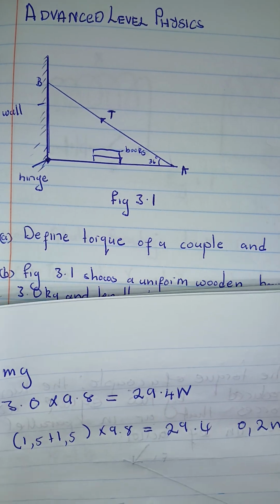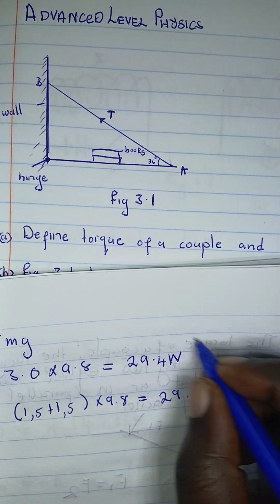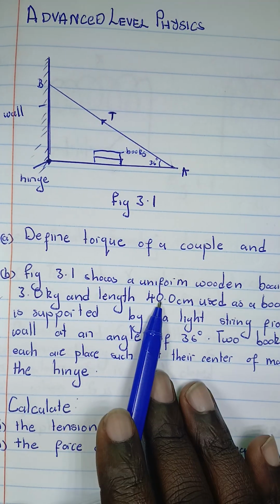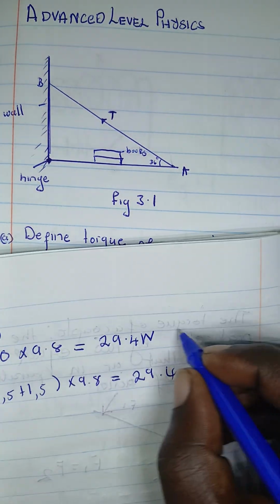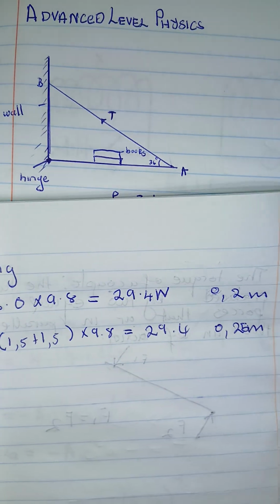And the center of mass of the board: half of 40 centimeters is 20, so you're going to have 0.2 meters.